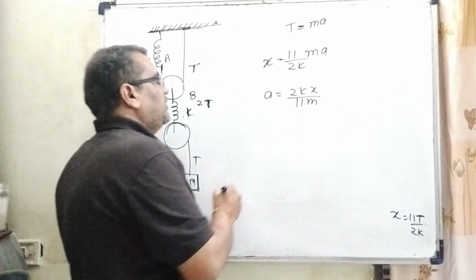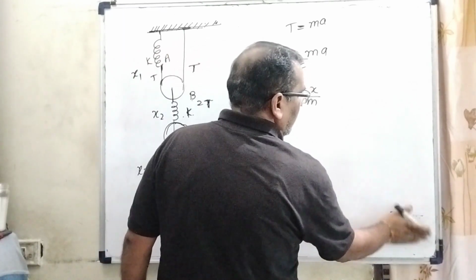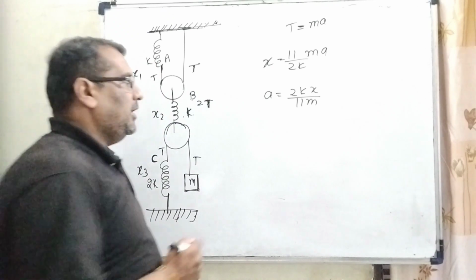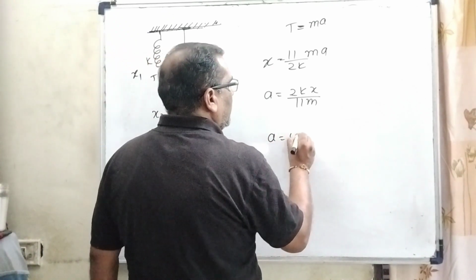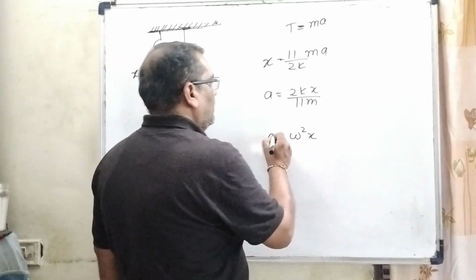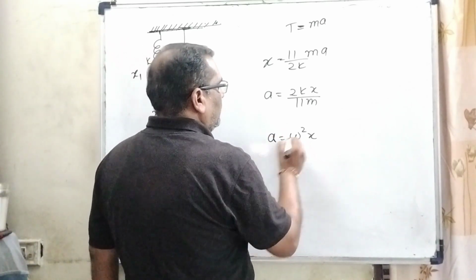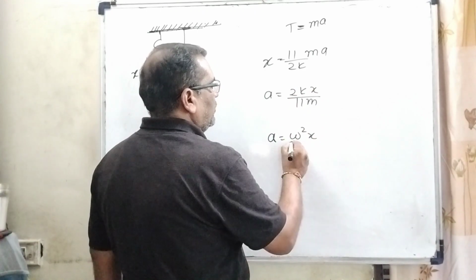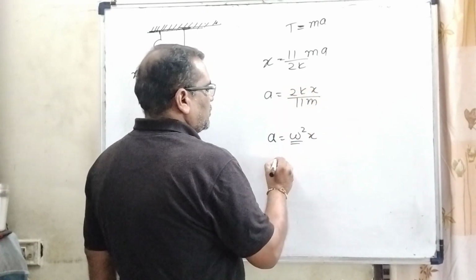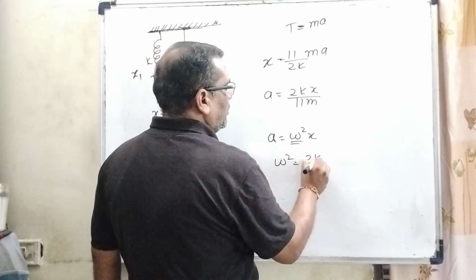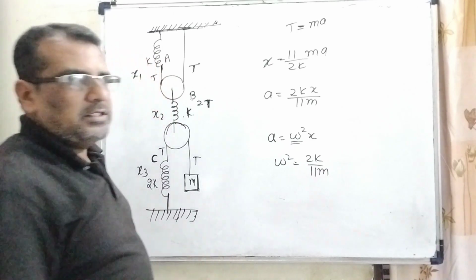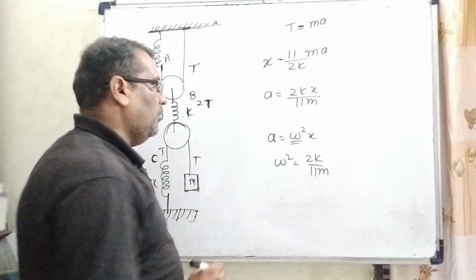Here we know the relation between the angular velocity and the linear acceleration: a equals omega square x. Here x is the displacement of the oscillation. Now by comparing the first and second, you can see that the x coefficient is 2k by 11m. So omega square equals 2k by 11m. What is the value of angular velocity omega?